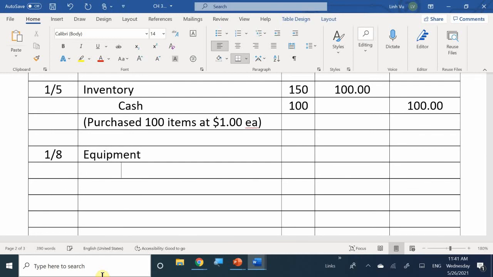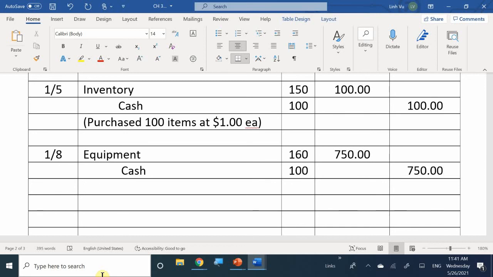And here we spent money. We spent cash to purchase it, right? Account for equipment should be 160, I think. And then 100 for cash, all right? And how much did I spend to buy this machine? 750. $750.